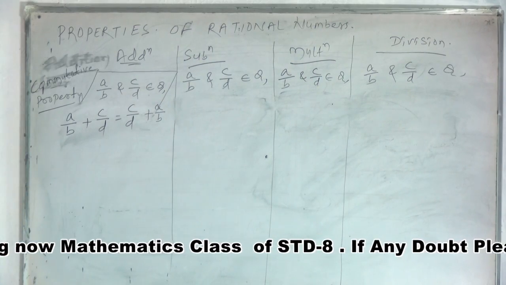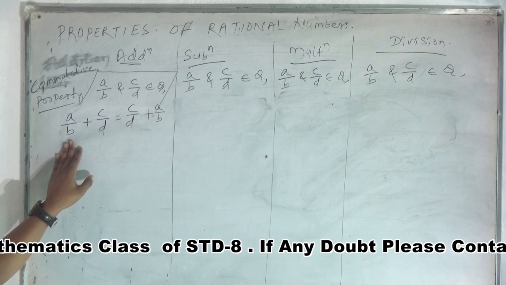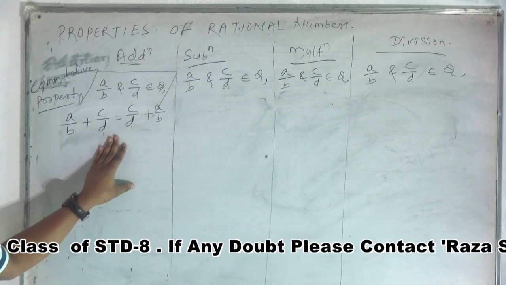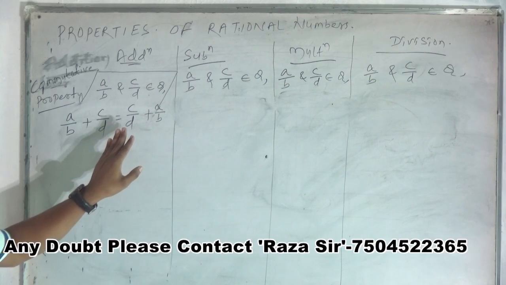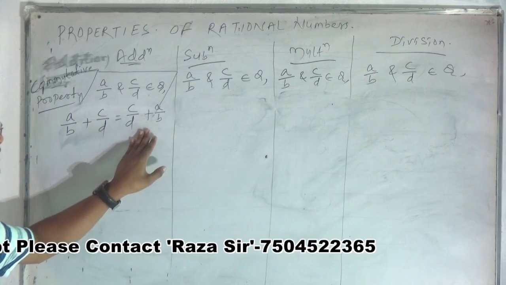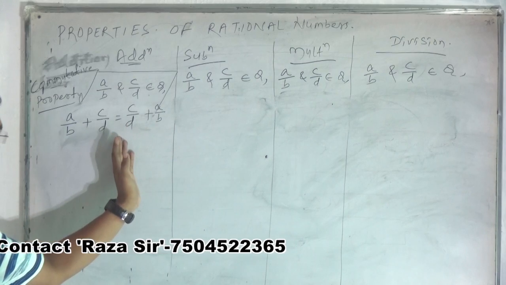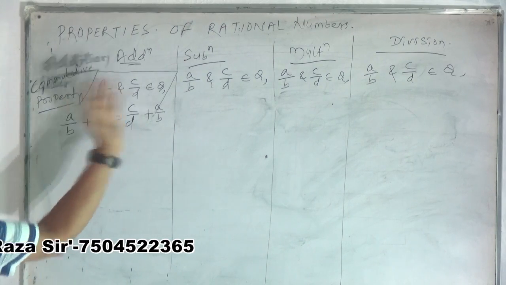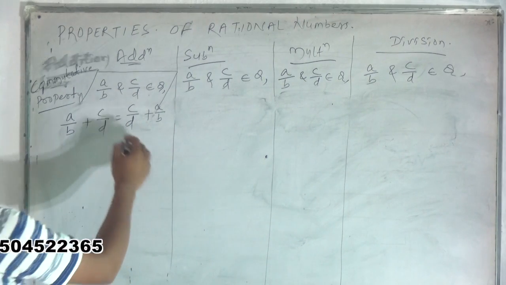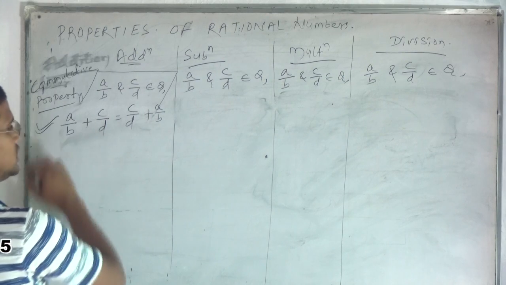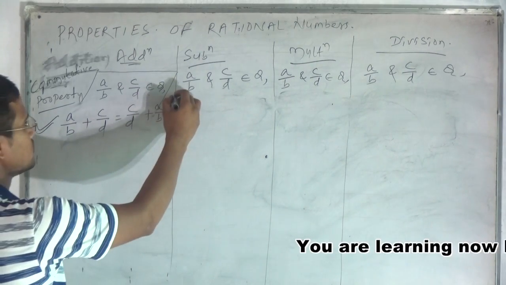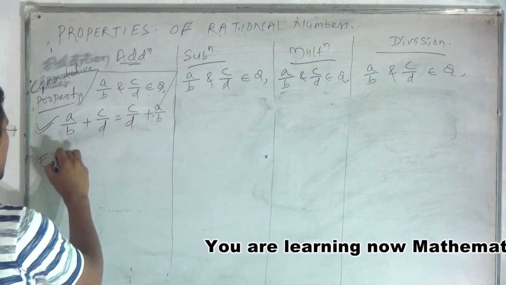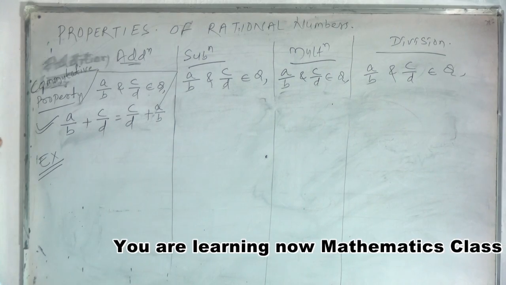That means you add a by b plus c by d, then you also add c by d plus a by b. The second part you take first, and the first part you take second. Your answer is also equal. That means LHS equals RHS. You can take an example and check those properties.